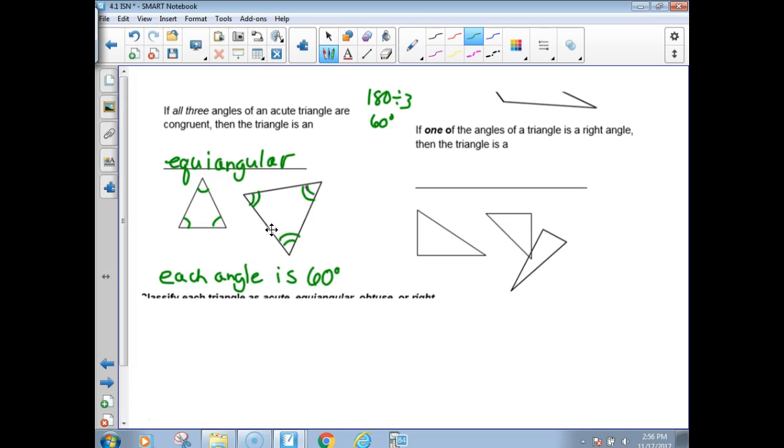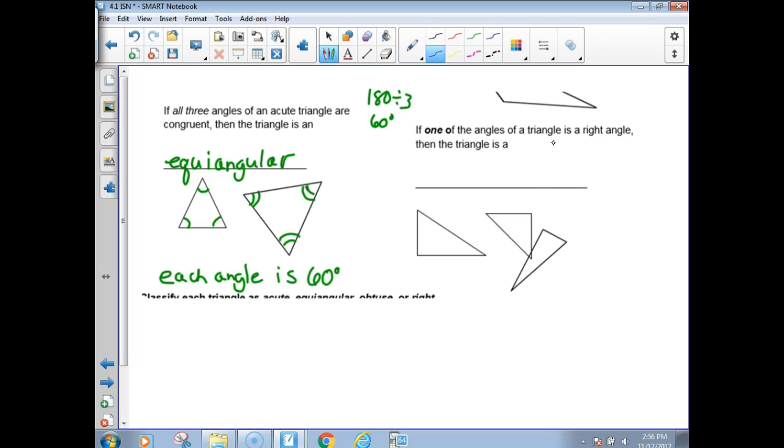Oh, the sides are equal. It goes hand in hand: if all the angles are equal, all the sides have to be equal, and vice versa. So when you know something's equiangular, it's also equilateral. That's a good concept to know.